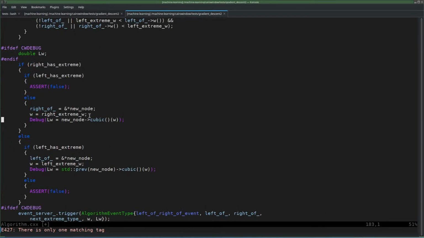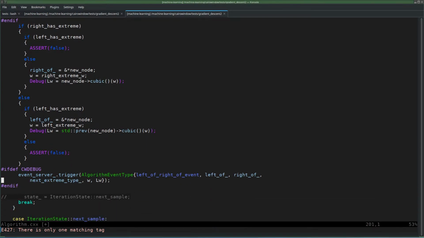Can't use that debug for this one. I could use it for this though. But yeah, big thing, I don't know.